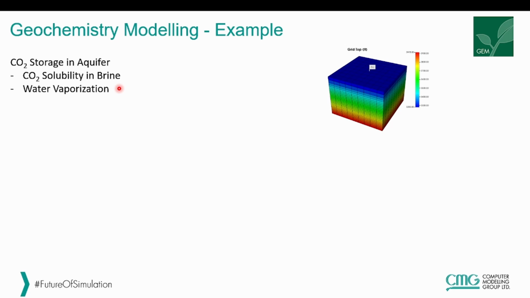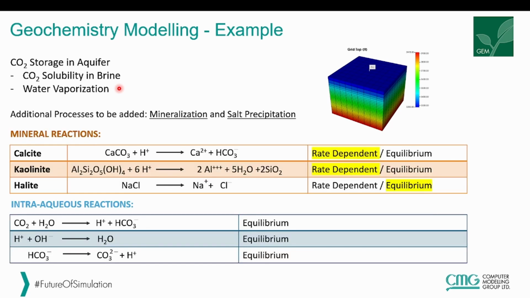Alongside these options, now we want to add geochemistry for the purpose of modeling basically two things. One is we want to add the mineralization process for CO2, meaning that some CO2 can be mineralized in the geological unit of interest, and the other process is the salt precipitation, which is mostly linked with the water vaporization process.